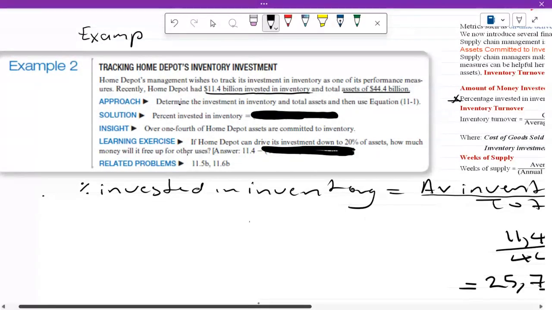So this one looks like it's 44.4 multiplied by 0.2.